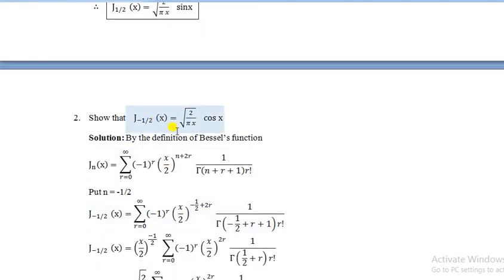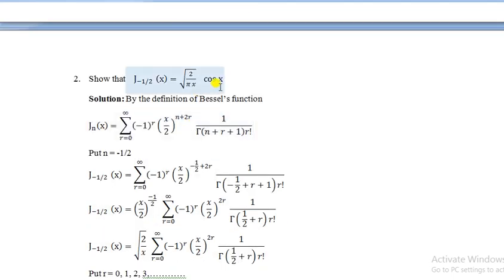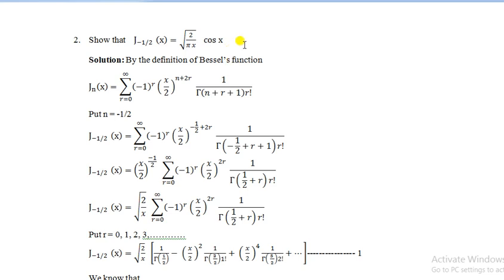minus 1 by 2 of x is square root of 2 by pi x into cos x. So this proof is also similar to the above one. The only difference is, in place of n equal to plus 1 by 2, here we will substitute n equal to minus 1 by 2 in Bessel's function.